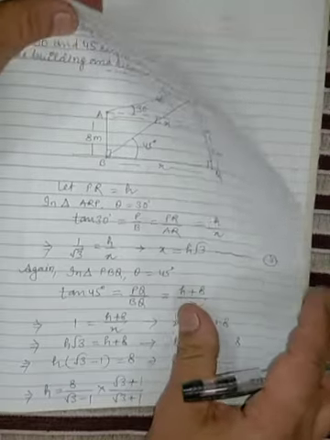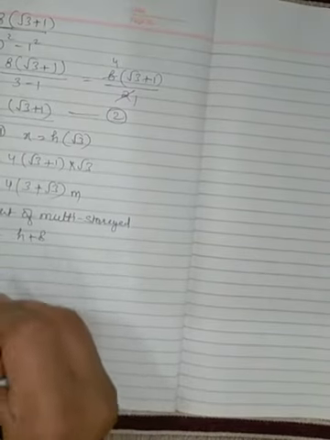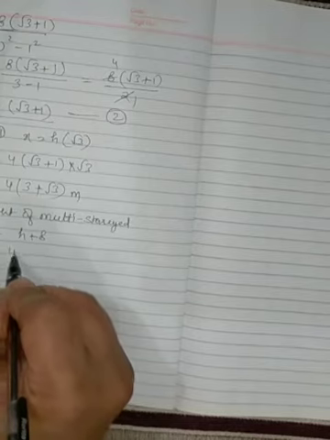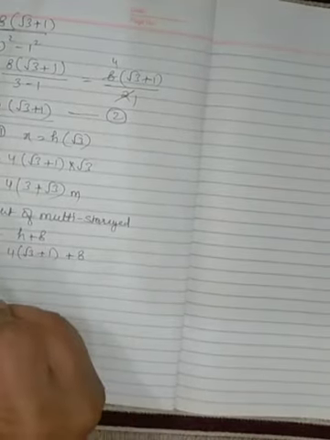So we will have to add 8 also in that. So it will be equal to H plus 8. So it is 4 in bracket root 3 plus 1 plus 8.